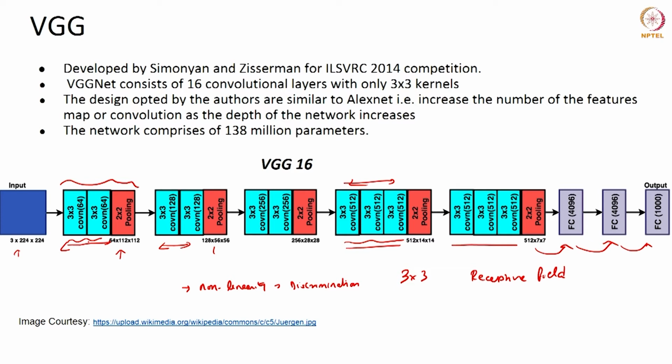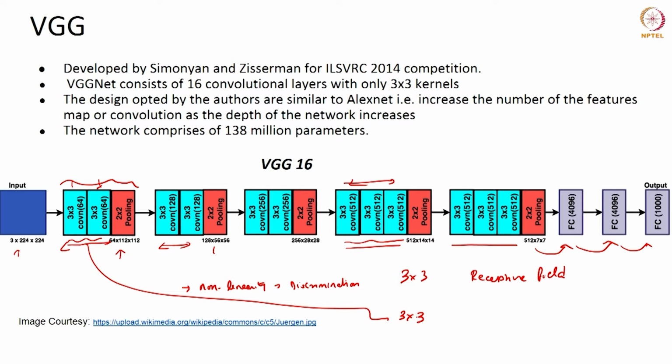This is one convolution layer with 64 feature maps, 3 cross 3 convolutions, followed by another set of 64 3 cross 3 convolutions. Now, if you look at the receptive field of this block, the first one has a receptive field of 3 cross 3. That gives rise to 64 feature maps.